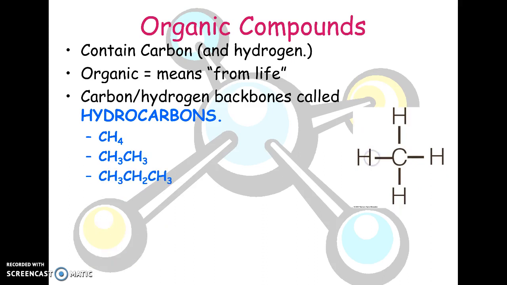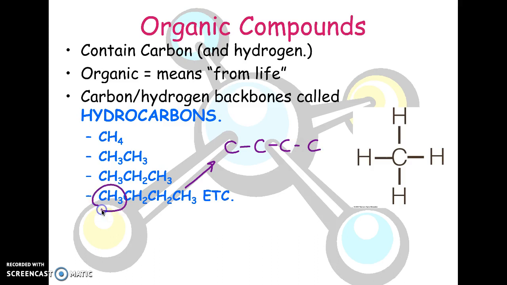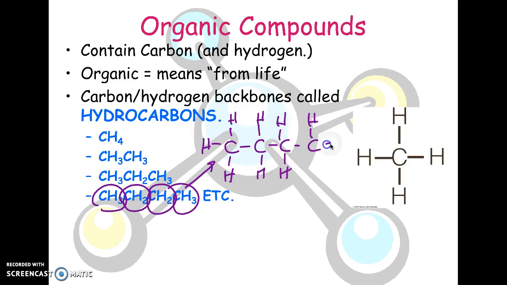So if we were to look at some of these bigger ones, you would still have a carbon backbone. Sometimes the way this one is written, it's written in the order that you find them. So you see there's a CH3, then CH2, then another CH2, and then it ends with a CH3.